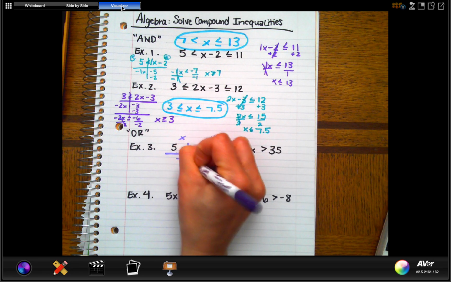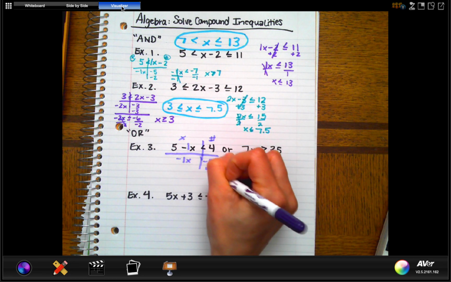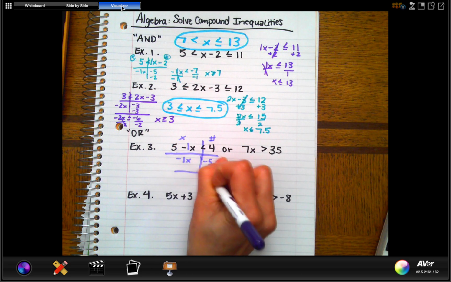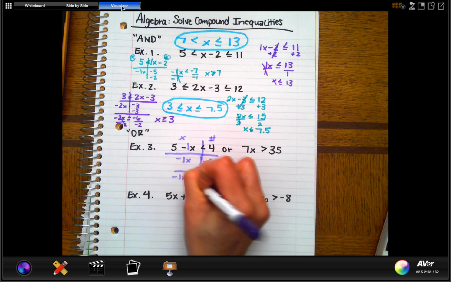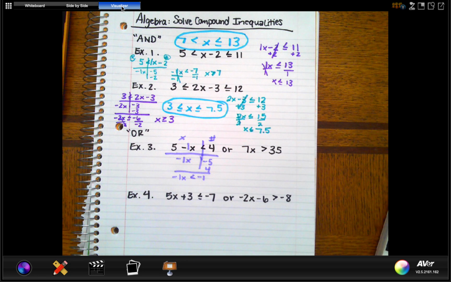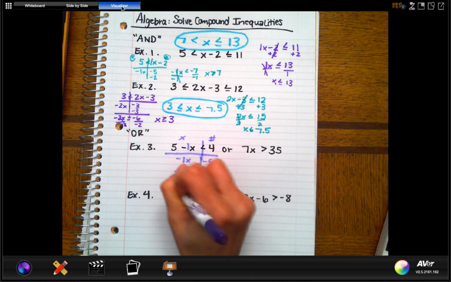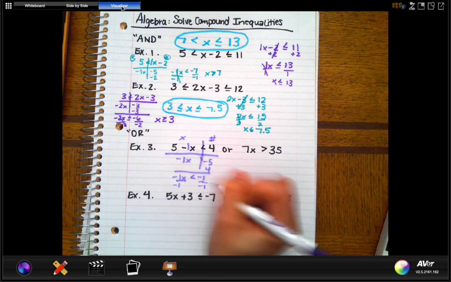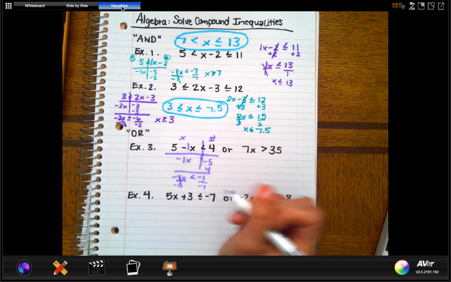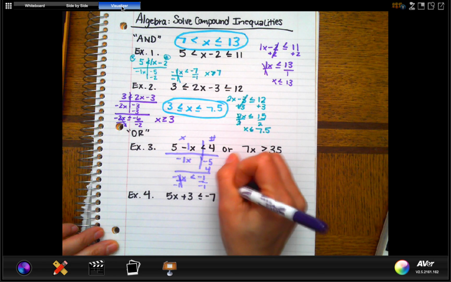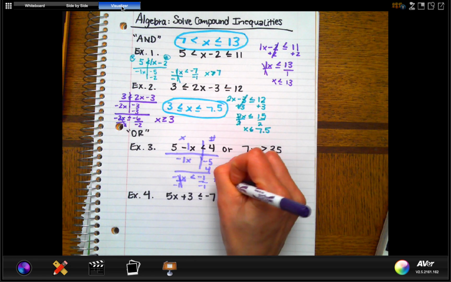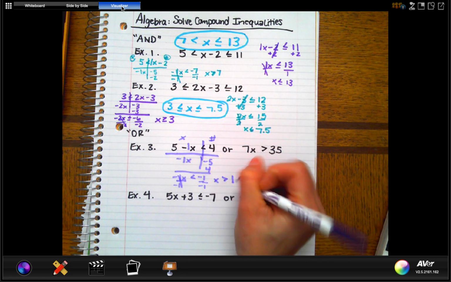Negative 1x would stay, and 4 stays positive. So that gives me negative 1x is less than negative 1. And then I'm going to divide by negative 1, which means I'm going to have to change the inequality. So I have x is greater than negative 1 divided by negative 1 is positive 1.